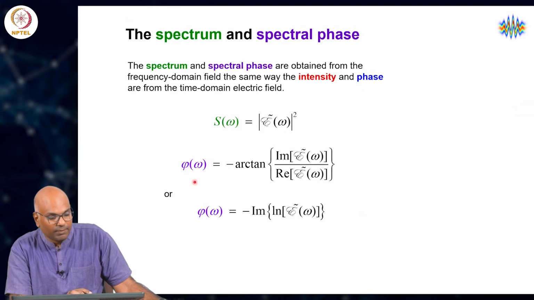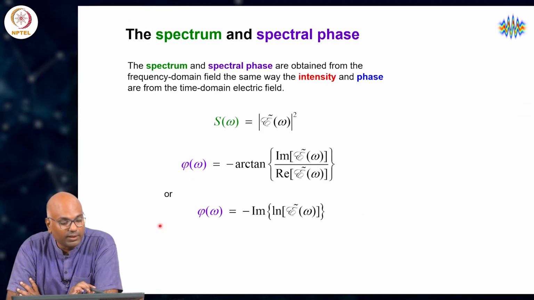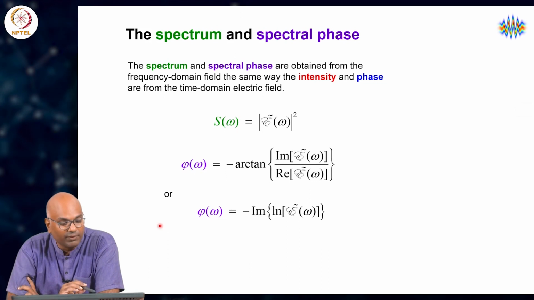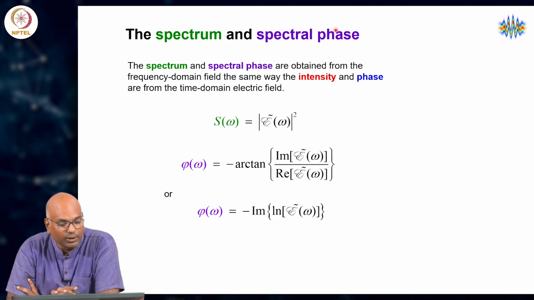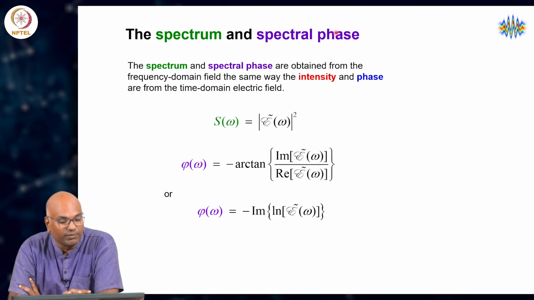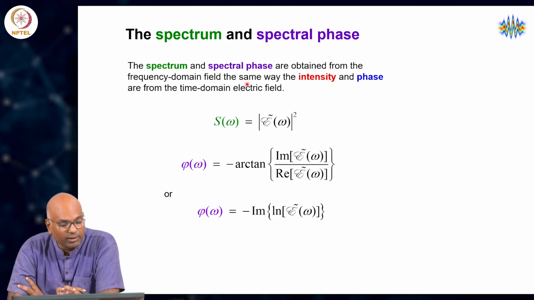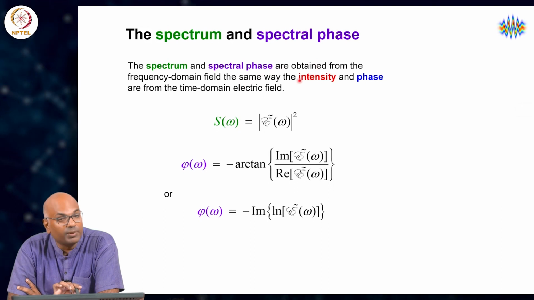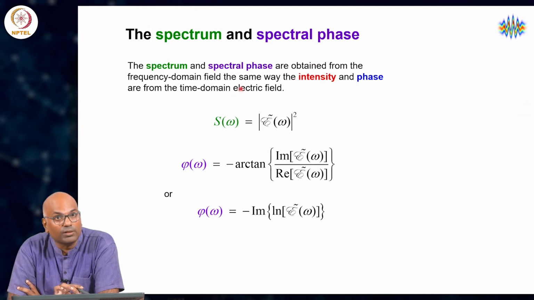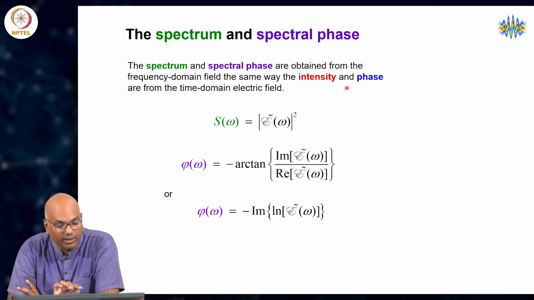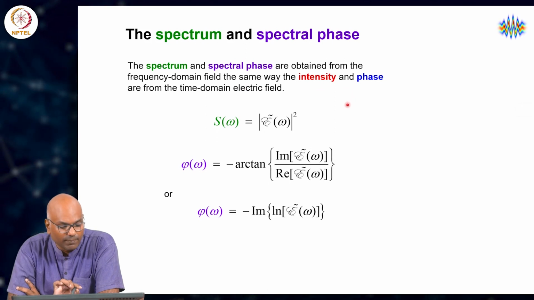Okay. So, now just as we had in the time domain intensity, amplitude and phase, in the spectral domain we have spectrum and spectral phase both. Spectrum and spectral phase are obtained from the frequency domain description of the field in much the same way as intensity and phase from the time domain.